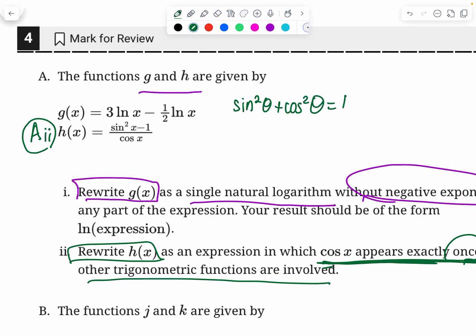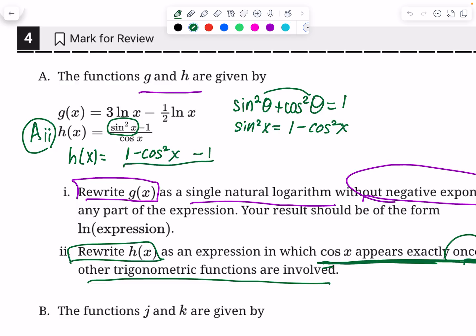So as you can see here, we have sine squared x. So in order to rewrite this in terms of cosine, sine squared x is the same as, well, put together they're 1, so 1 minus cosine squared x. So here we'll rewrite this, h of x equals, so instead of writing sine squared x, I'm going to put 1 minus cosine squared x, and then I have a minus 1 at the end.